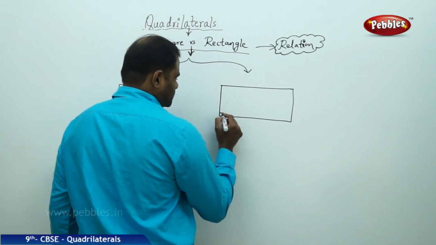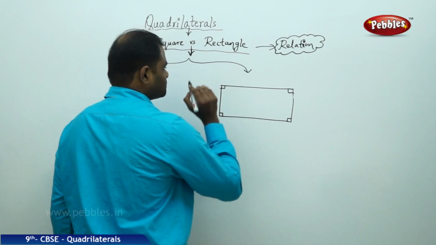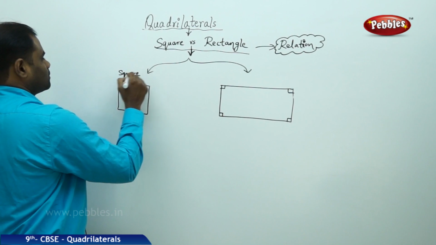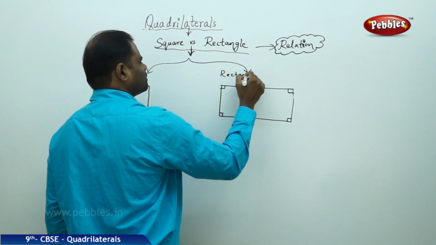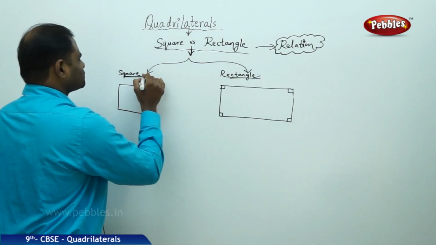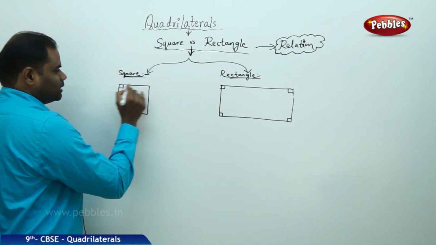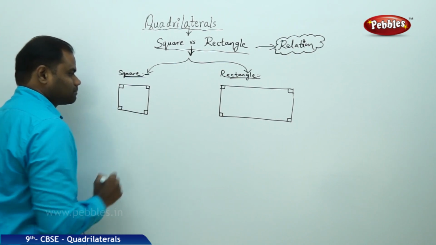Here, in a rectangle, I see that each angle is 90 degrees, this being a square and this being a rectangle. Also in a square, I identify that each angle is 90 degrees.